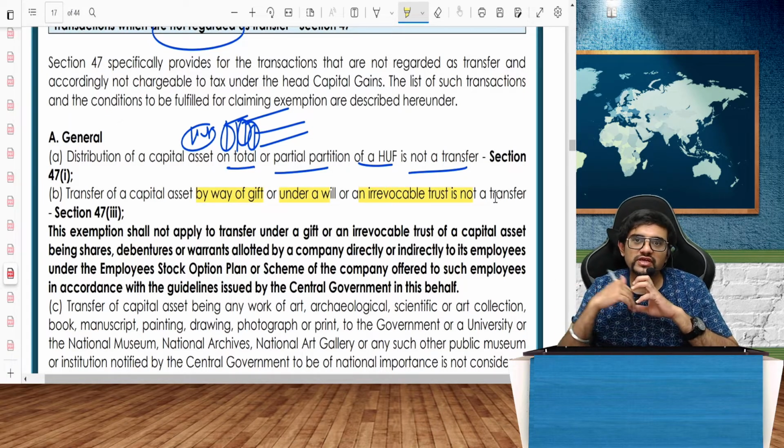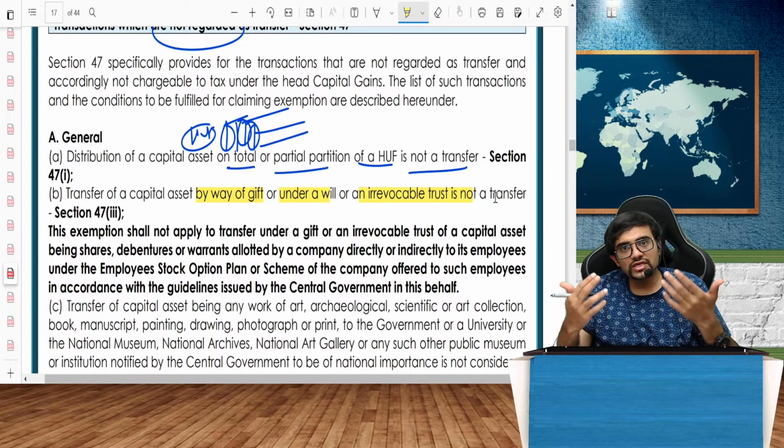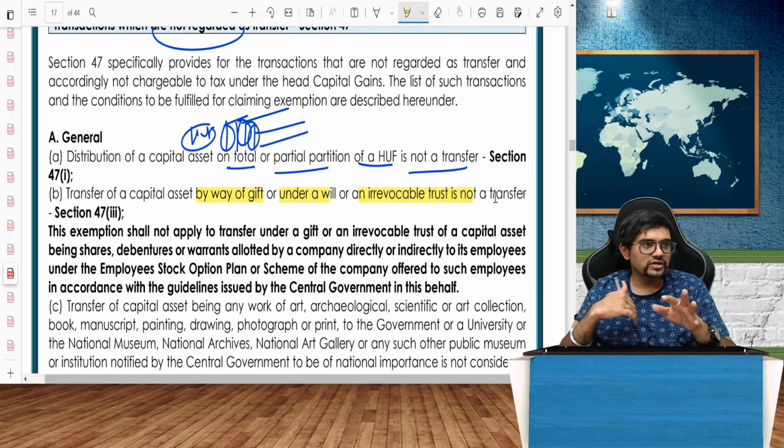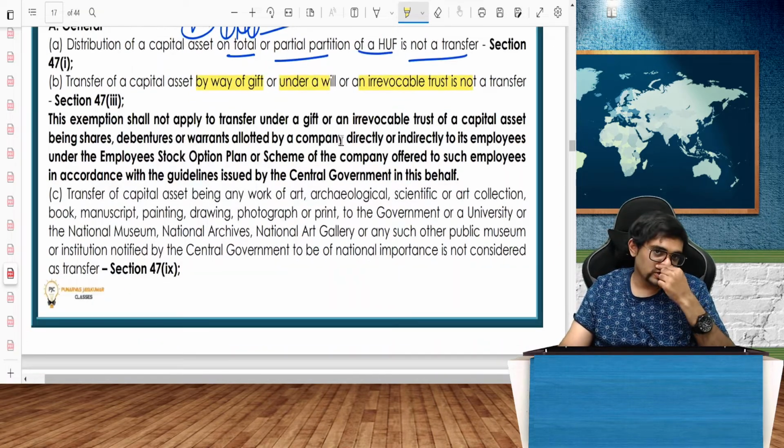I will gift you through a gift deed or will, or irrevocable trust, which means the asset is transferred to you till you die. It cannot be cancelled by me. Only upon death it will come back to me. That is called irrevocable trust. In all these cases, there is no transfer.